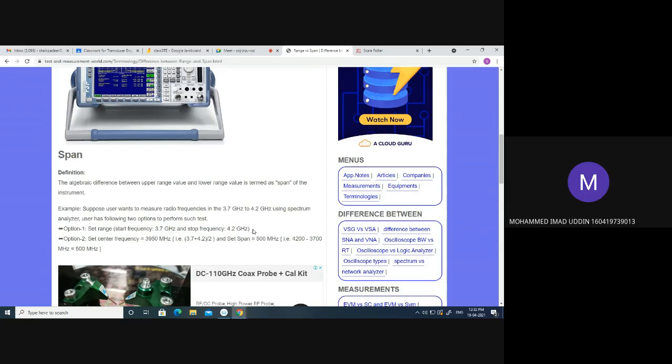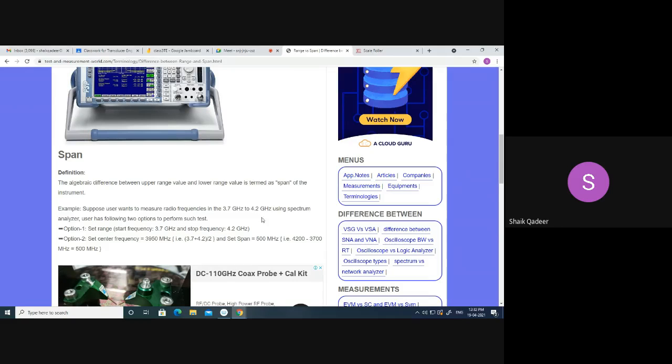What about span? The meaning of span is to take the algebraic difference between upper range value and lower range value. Here upper range value is 4.2 gigahertz and lower range value is 3.7 gigahertz. If I subtract these two numbers, we get the span of the instrument.